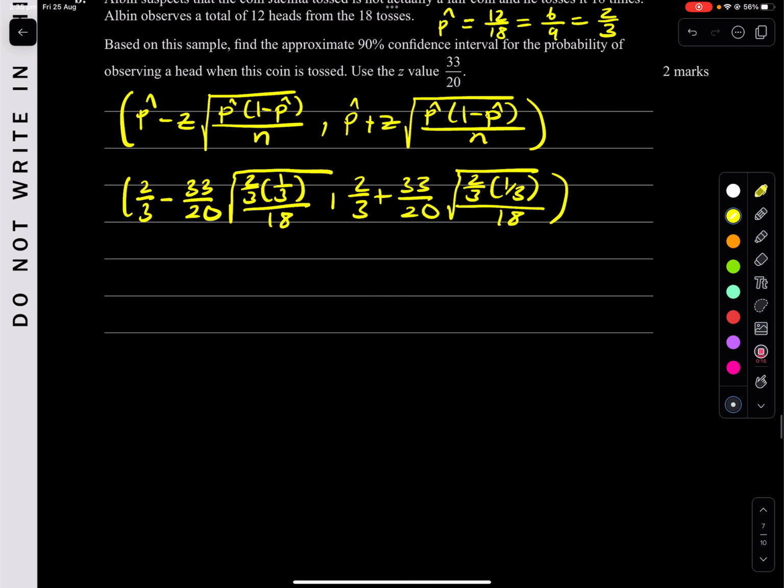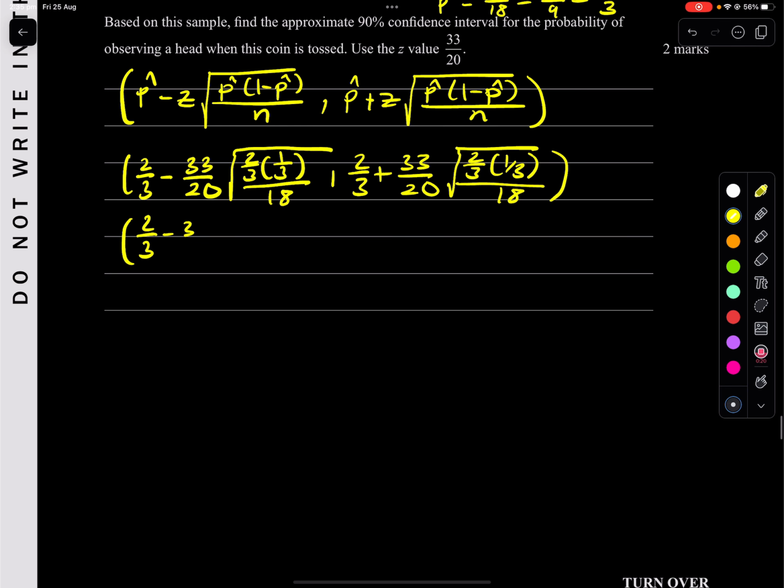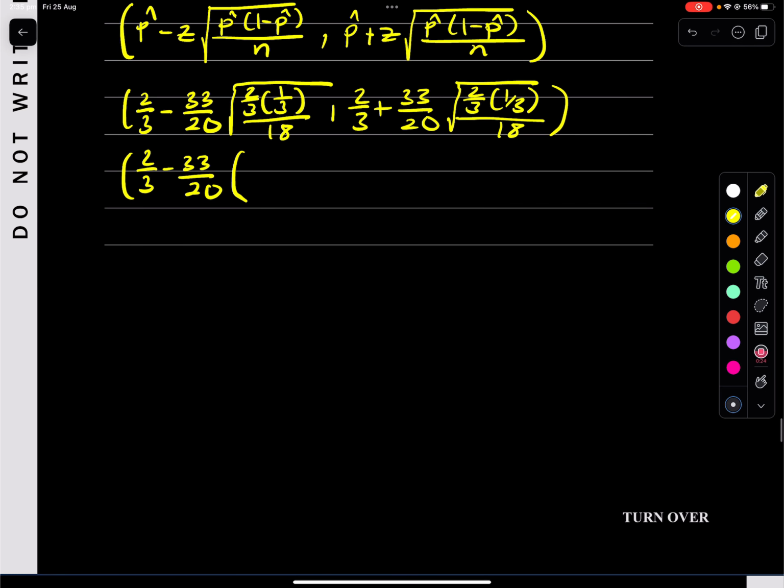Let's just simplify that. It'll be 2 on 9 divided by 18, which is 1 on 81. And the square root of that is just 1 on 9.